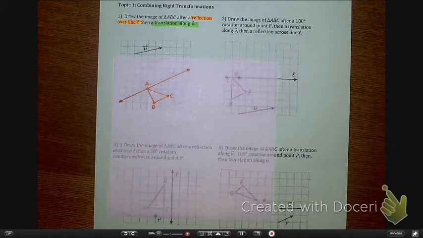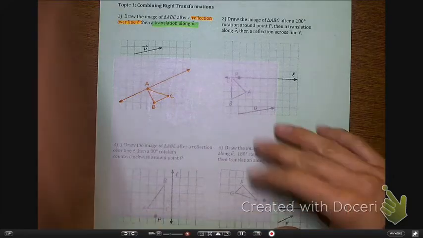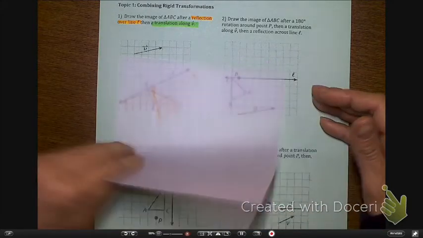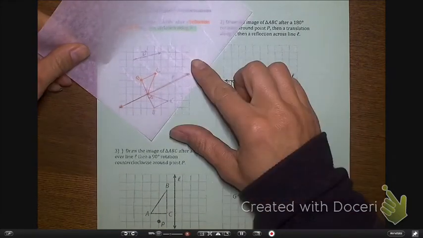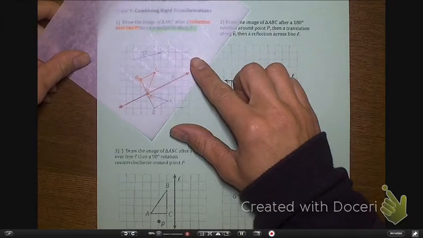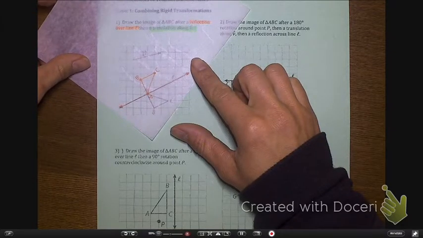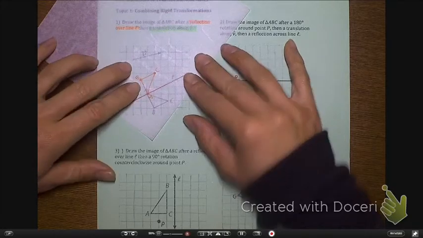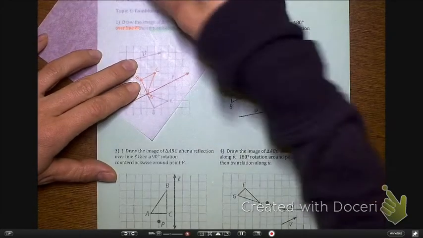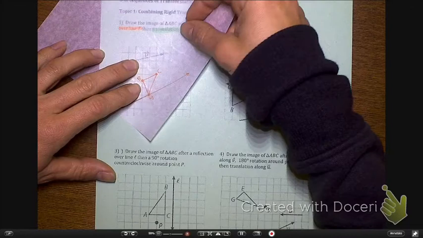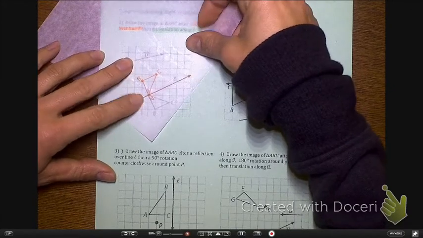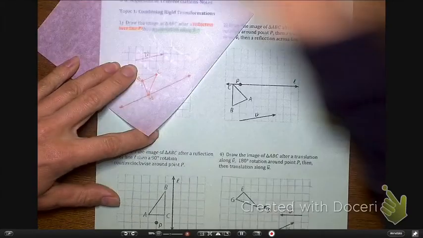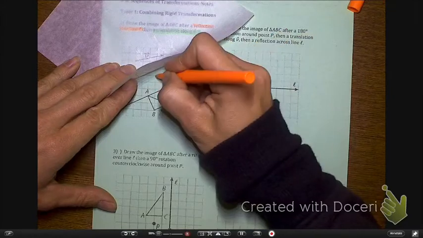all right, so now we want to reflect, so let's go ahead and flip and line our line of reflection back up. Okay, so now can you guys see where your figure is going to go? Okay, so let's go ahead and locate those points.